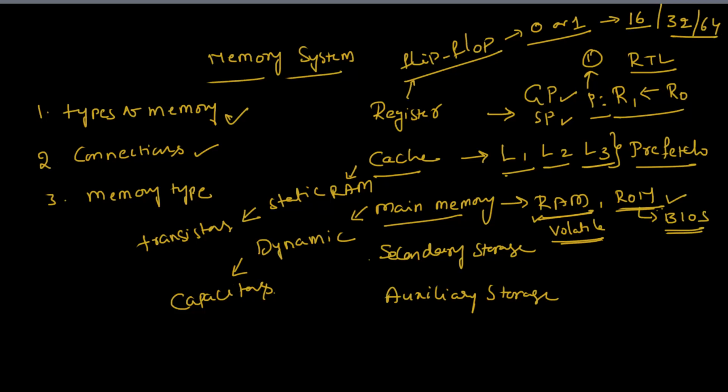Right. If we come to the secondary storage, it is normally considered as a hard disk drive. Hard disk drive, we already know that, right? There is a lot of information stored in the hard disk. The size is much bigger. That means it will be available in terabytes of storage.